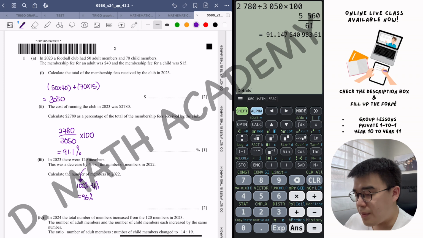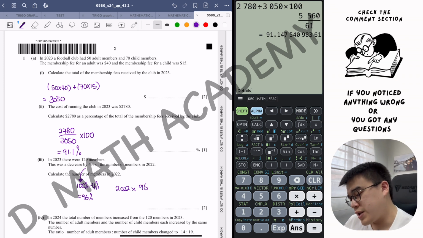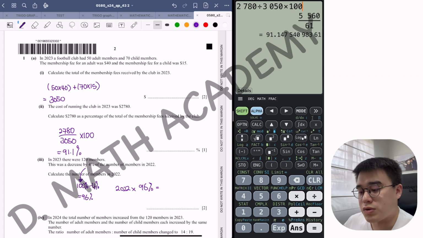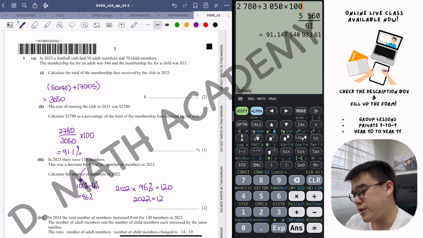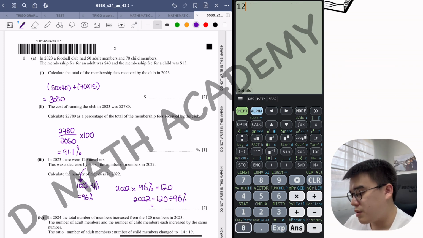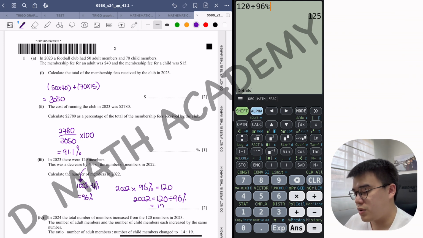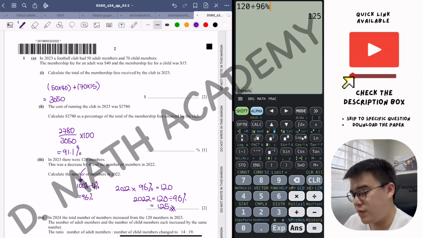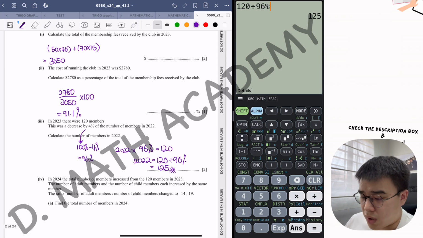So the original member amount in 2022 times 96% gives you 2023's number, which is 120. When you make the necessary changes, you get 120 divided by 96%, making the result 125.